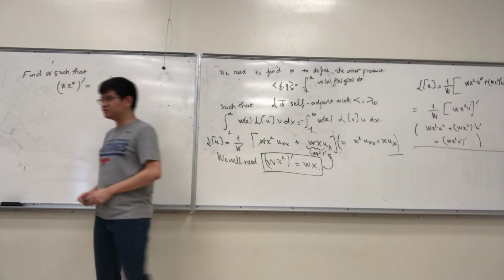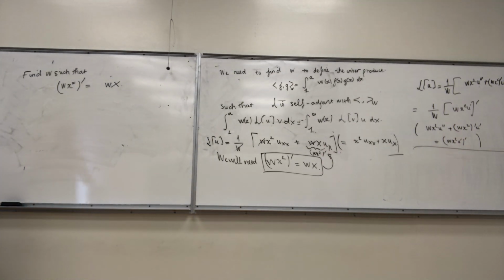So you have to find W such that Wx squared prime is equal to Wx. So how do we solve this equation? How do we find this W?